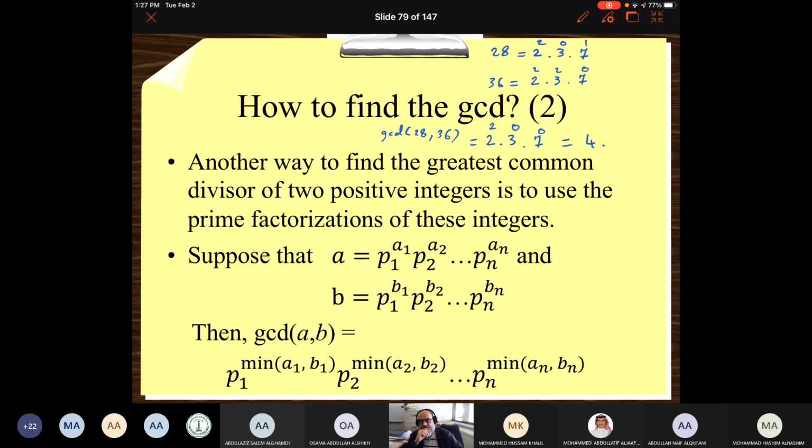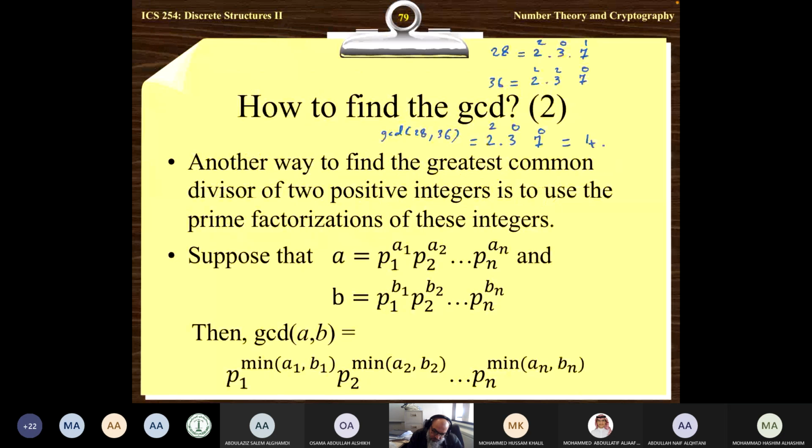Okay. Now, how did we get 2 and 3 and 7? Well, basically, 28 is 2 squared times 7, and 36 is 2 squared times 3 squared.